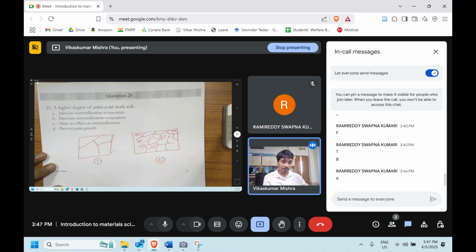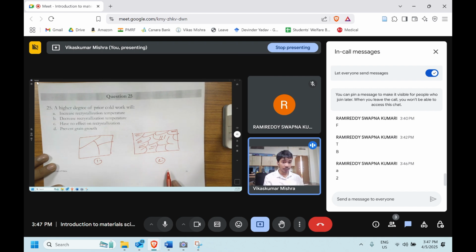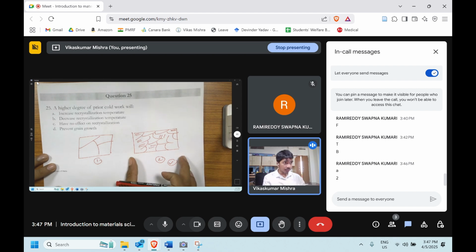Now you tell me immediately, which one has more energy? Energy of the material, in which case is it more, case 1 or case 2? Case 2. Very good. Here the energy is more. Since the energy present in the material itself is more, the temperature which we have to provide externally will be less, because it's already at a higher energy state.